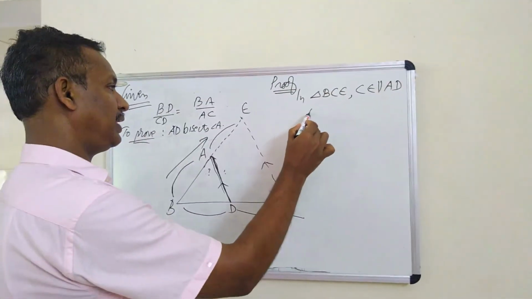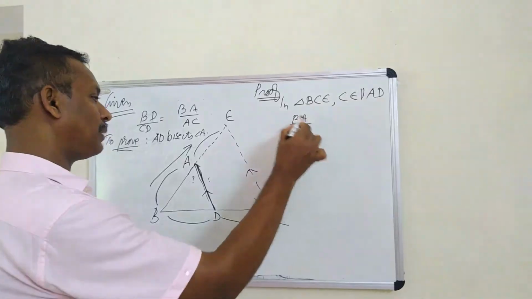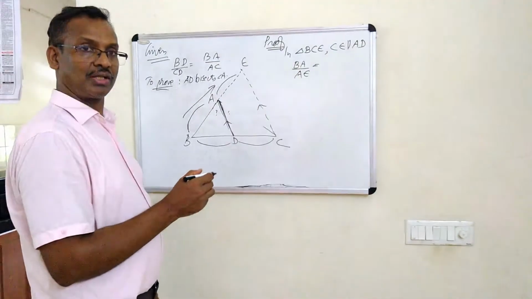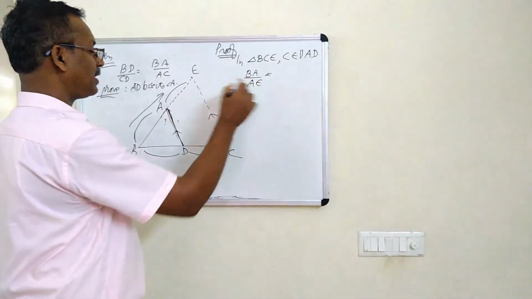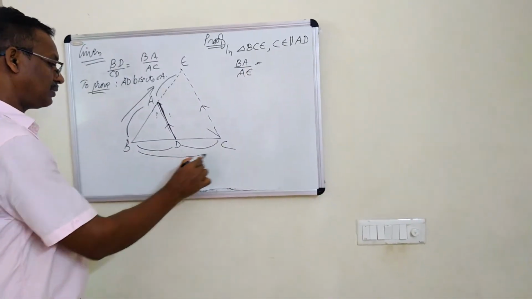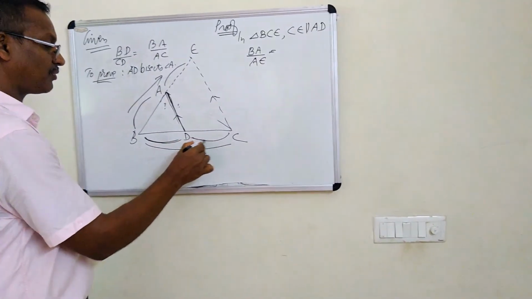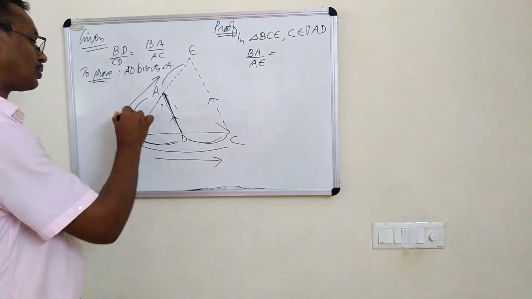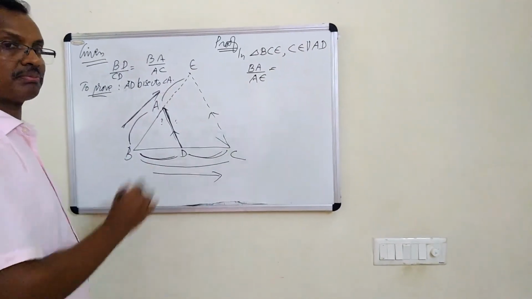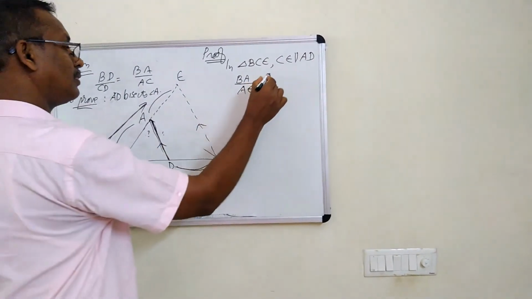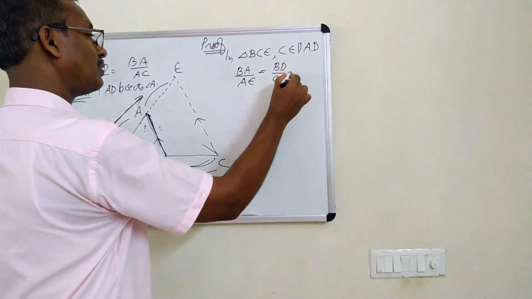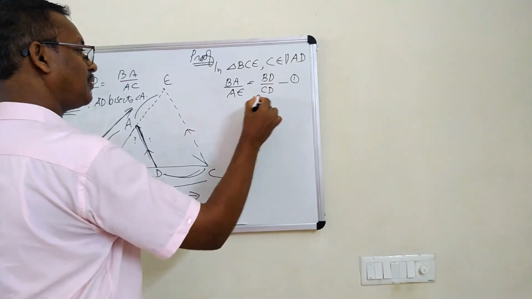We can write BA. Yes, using basic proportionality theorem, we can write BA by AE is equal to the second side. Its segments we write from left to right. Both the orders are from left to right for BE as well as BC. Then we write BD by CD. This is by BPT, we write it.